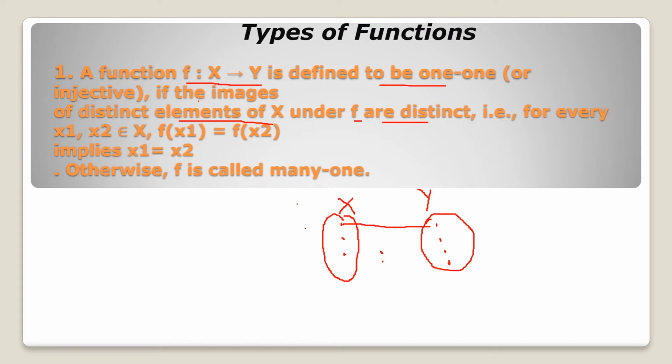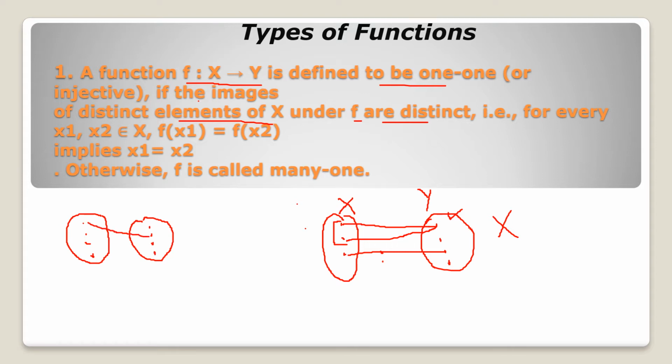Let us suppose this has an image, this also has an image, this has an image. This will not be one-one. Why? Because two elements are having the same image. This is a function but not one-one, because two different elements have the same image. So what will be one-one? One-one means if there are four elements in this set, each must have a different image.